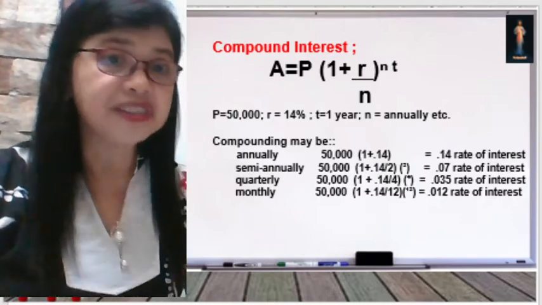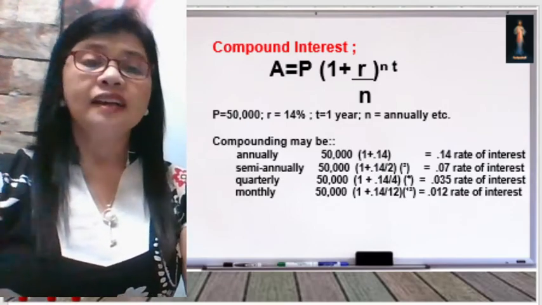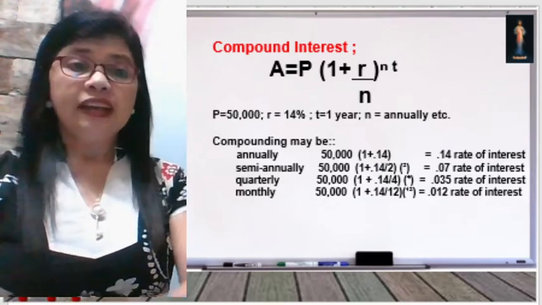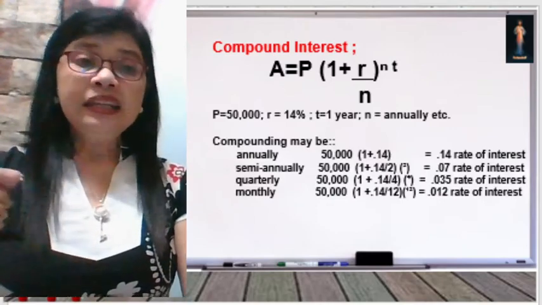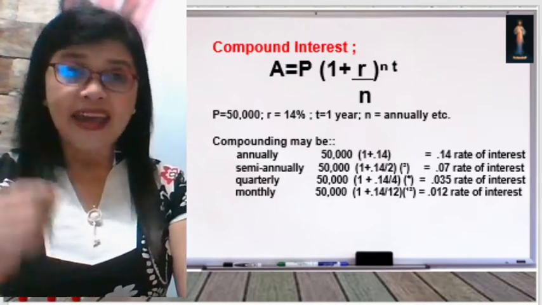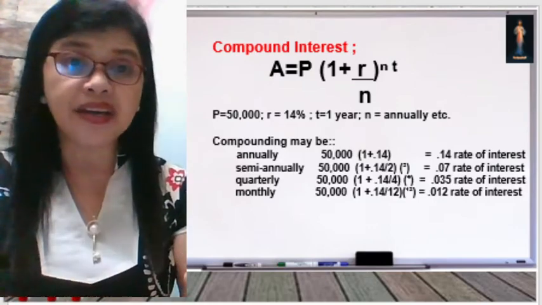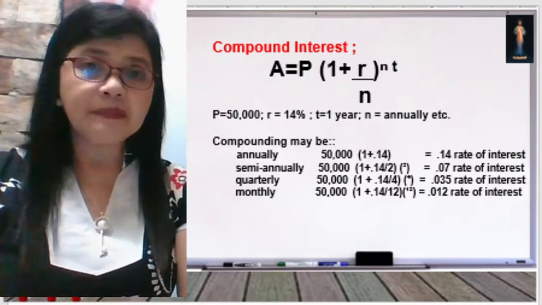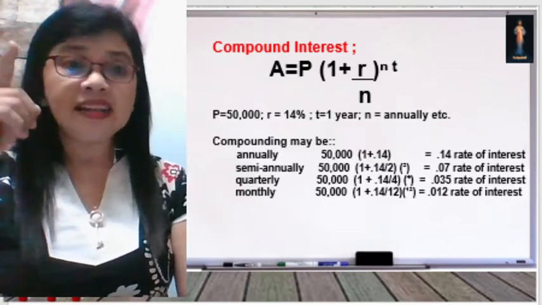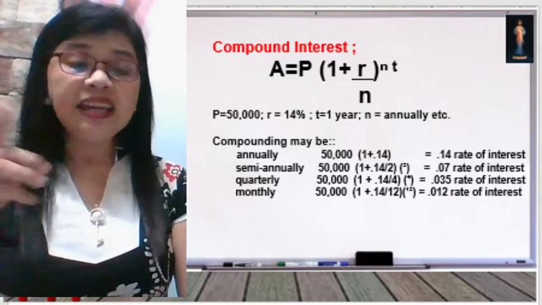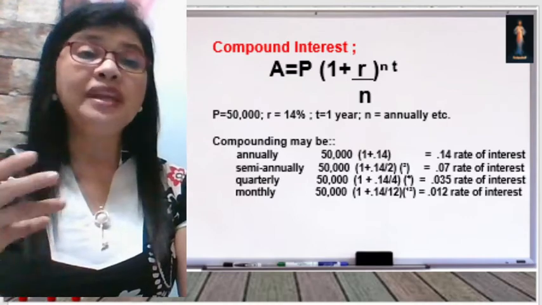Right, the rate of interest. We have to put it in decimal form. Divide it by the n. N means how many times it is compounded in a year. Then you will raise it to the exponent n times t. T is the number of years the money will be invested.